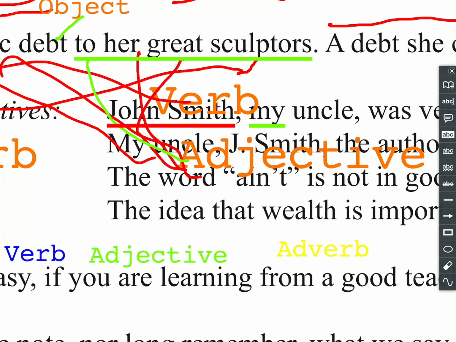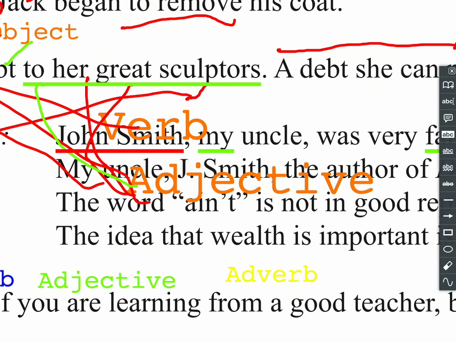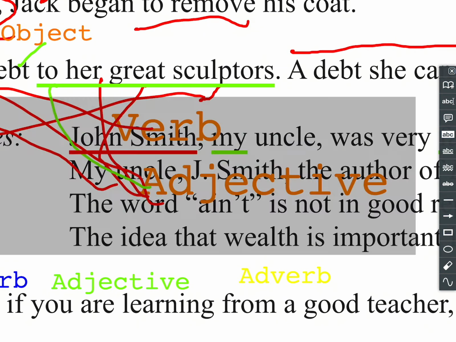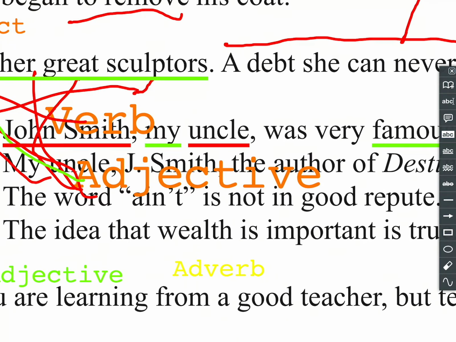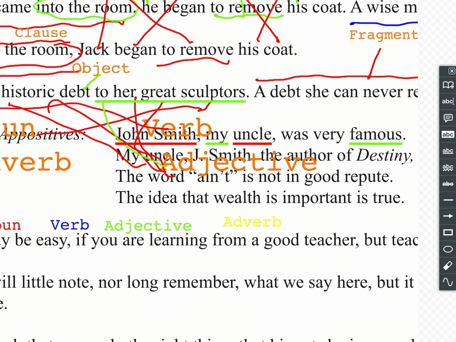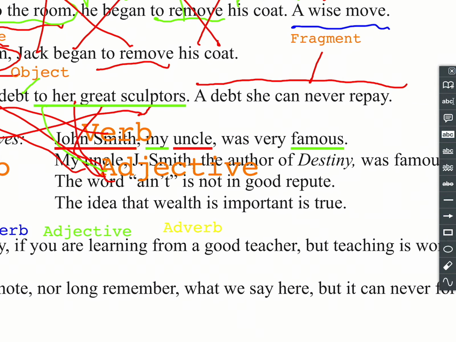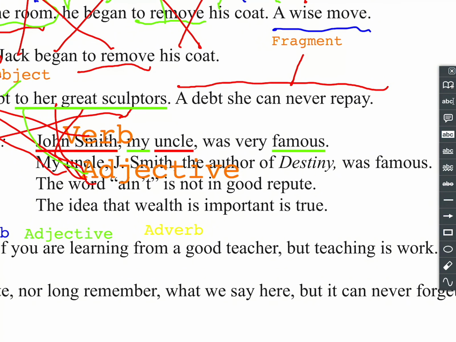Whatever. Alright. So John Smith, my uncle. We need uncle. Uncle is a noun. Okay, very modifies famous. That makes it an adverb. Adverbs don't just modify verbs.